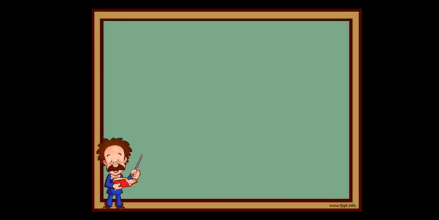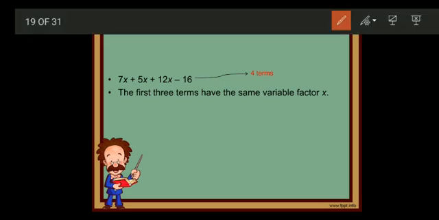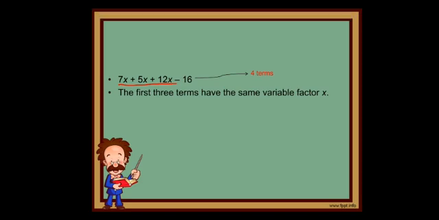First, let us take an expression 7x plus 5x plus 12x minus 16. So how many terms are there here? Here we have 4 terms. And the first 3 terms have the same variable factor, x.